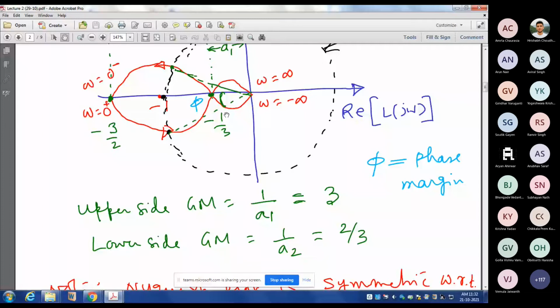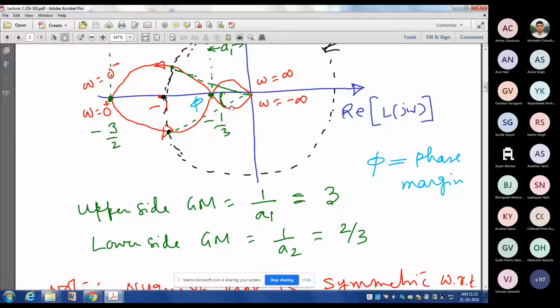If you subtract, then the phase margin phi equals minus 180 degrees plus the angle of L(j omega) at the gain crossover frequency.